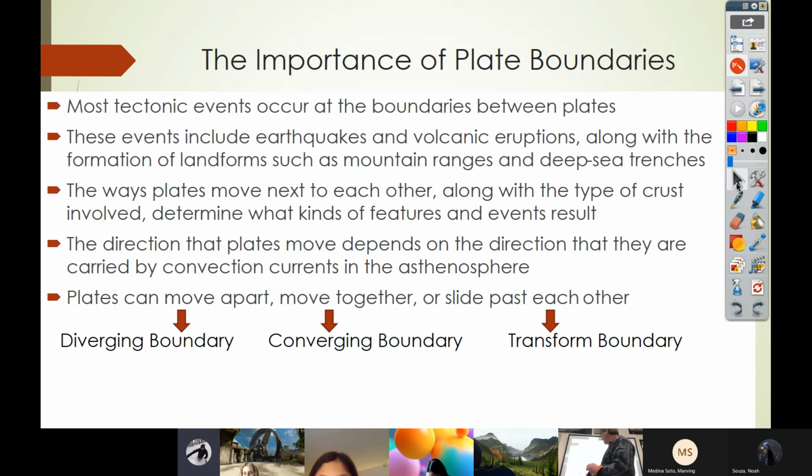Now, I think I would like to start by having you write down a definition of a plate. So let's write down a definition of a plate. And it's going to be really simple. It's going to be a moving piece of lithosphere.